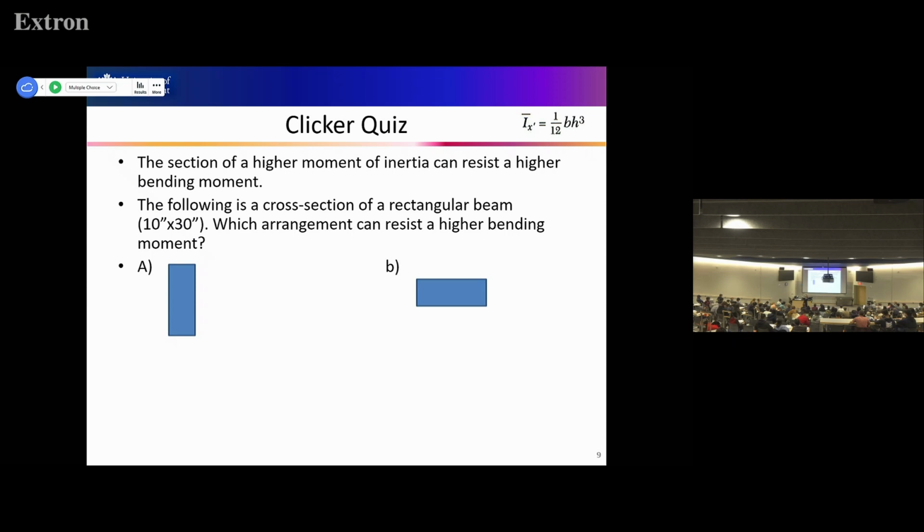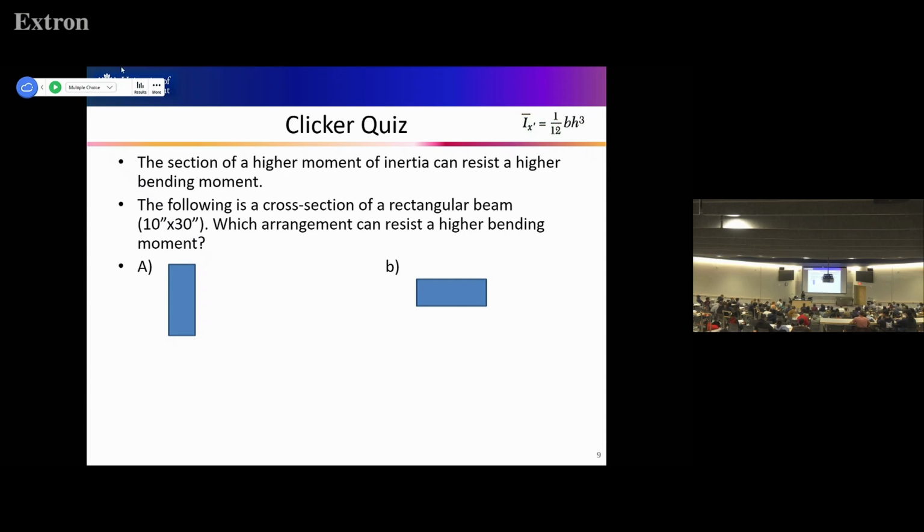And there's a load here, and then the moment, much easier, right? So either this or this, right? So even though we are using the same cross section, based on the arrangement, vertical or horizontal, it matters, and its effect is different. So I'd like to show you this from this clicker quiz, and I hope that helps.